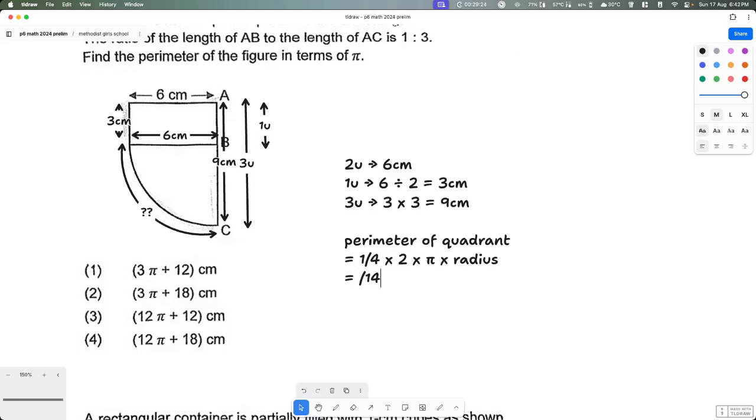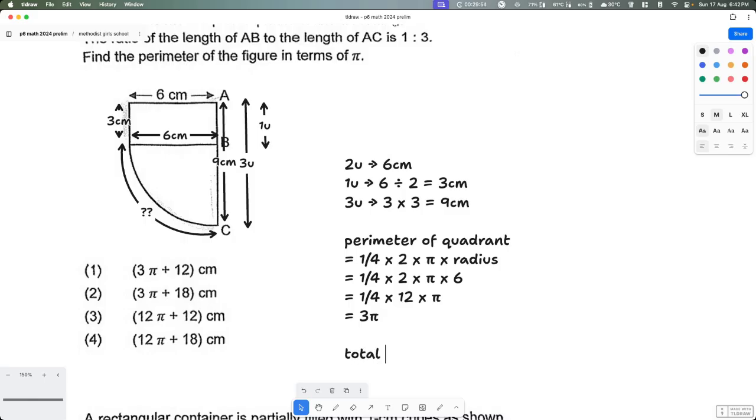The radius is 6, yes. So 1/4 times 2 times 6, let me put 1/4 times 12 times pi. So this will then be 3 pi.